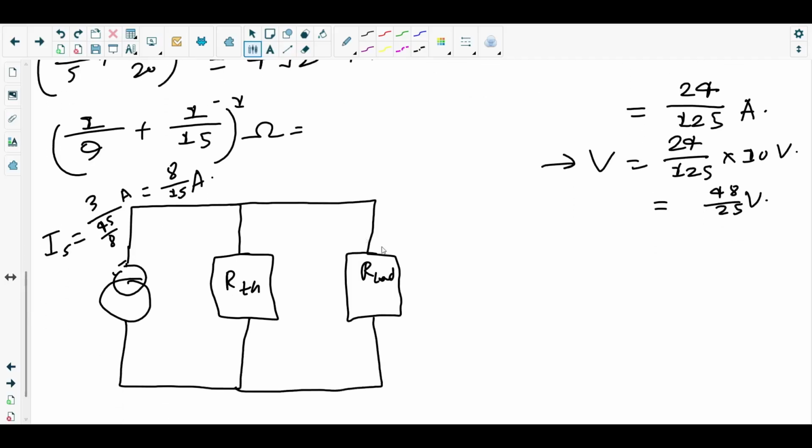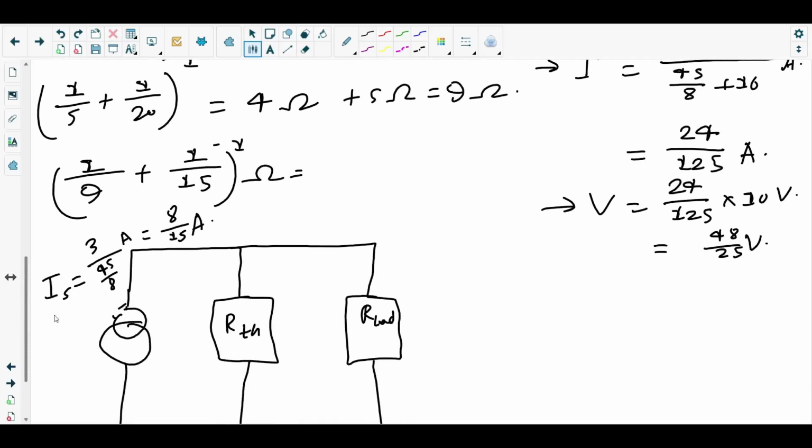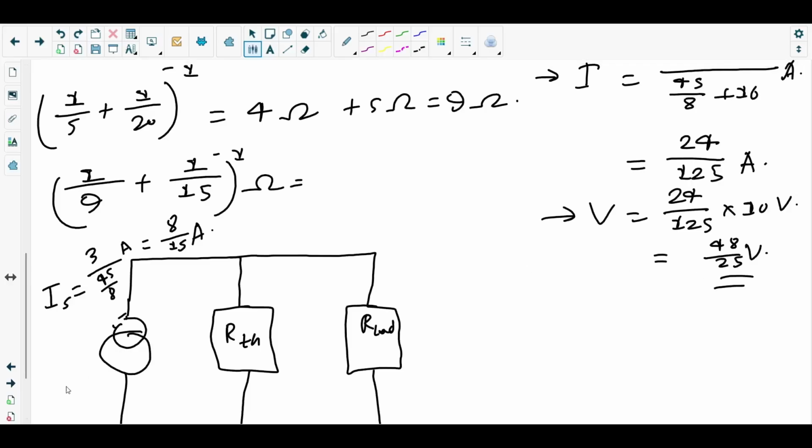Okay, and as we know, the load resistor must have the same voltage, so the PD is basically 48 over 25 volt. Now we can easily find the current I through the load resistor.